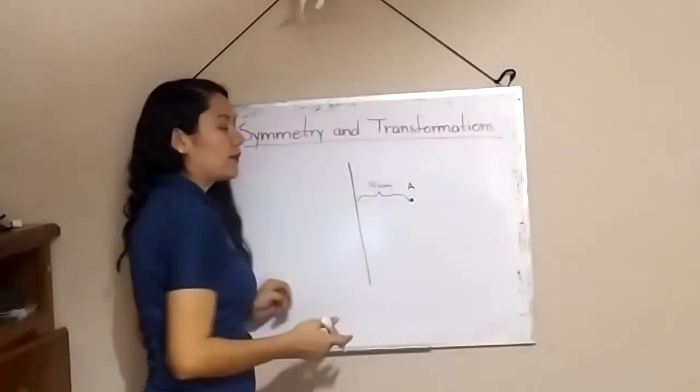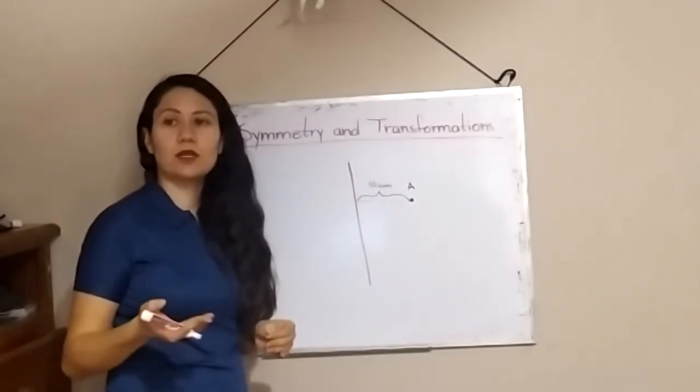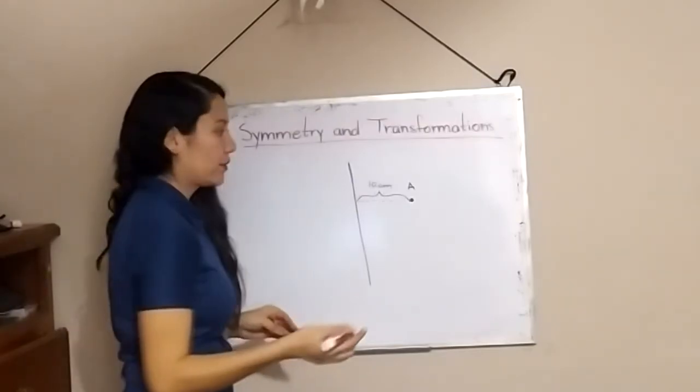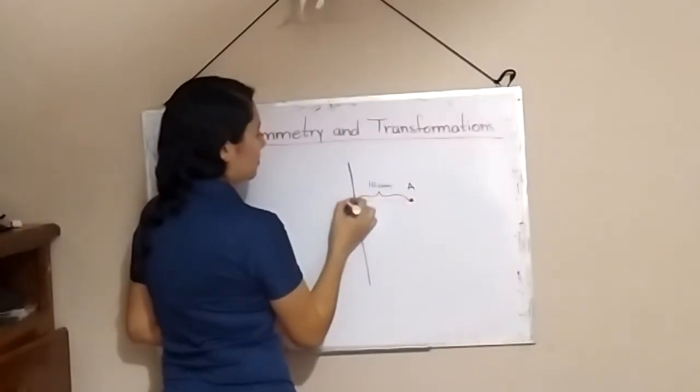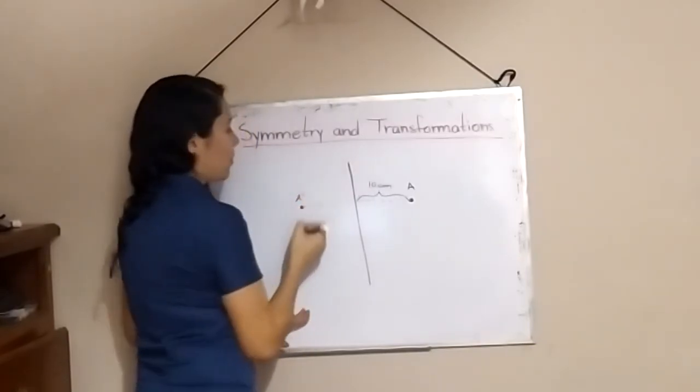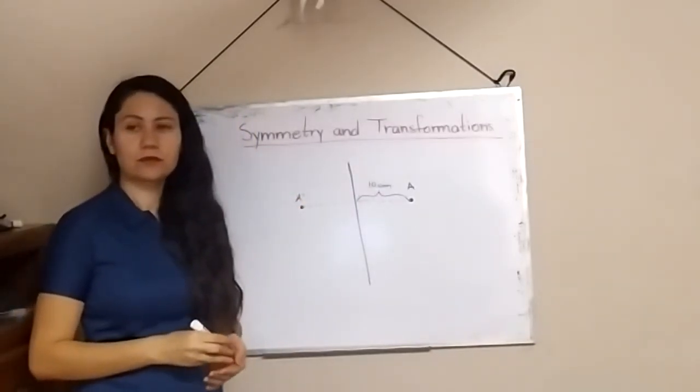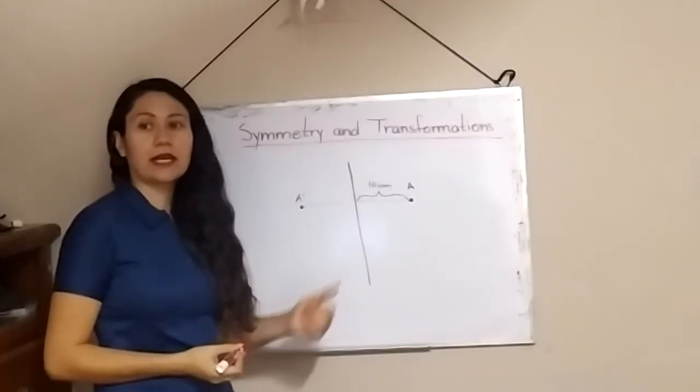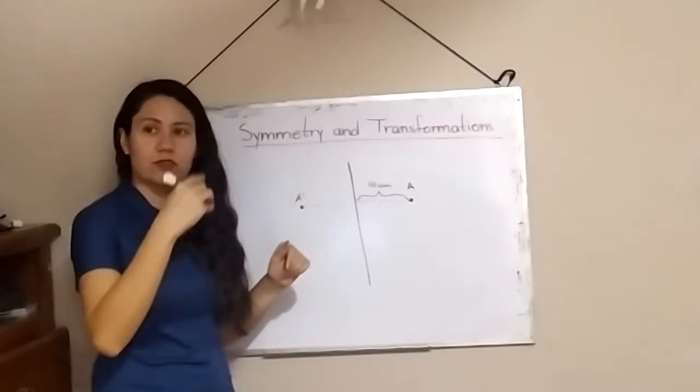Reflection is as if we were looking through a mirror. This would be the reflection of point A, and it will be called A with a little apostrophe.